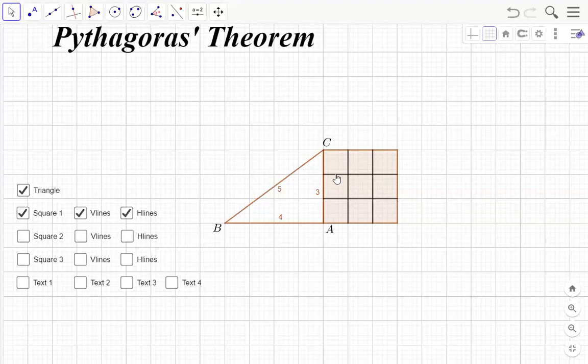To get the total area of this square, we count all the squares. Let's count: 1, 2, 3, 4, 5, 6, 7, 8, 9. You observe that there are 9 squares in this single 3 by 3 square.